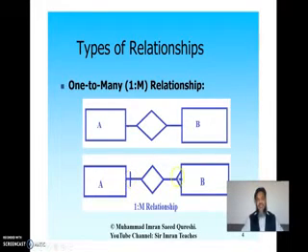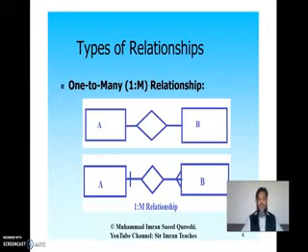So on one side I have the many symbol and on the other side I have the one symbol for the maximum cardinality. So this is known as a one-to-many relationship. It is one-to-many because when I take one record of one side, I get many records of the other side. And then if I take one record of the other side and come back, I get maximum only one record. This is a one-to-many relationship.